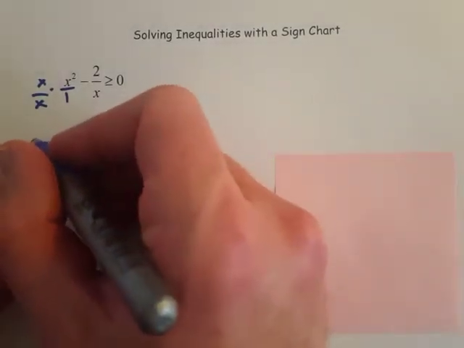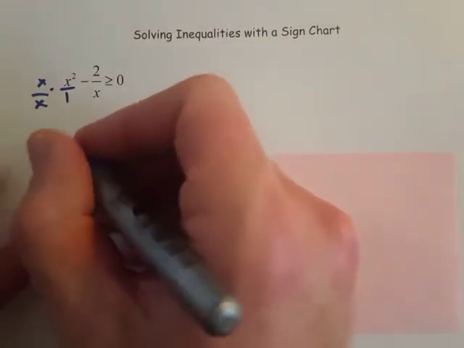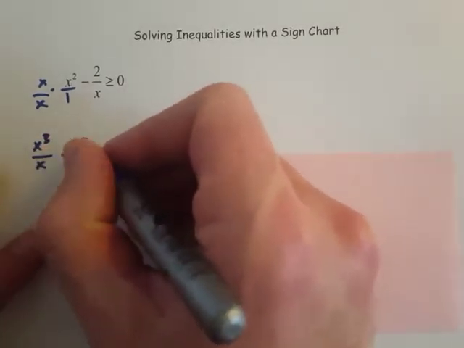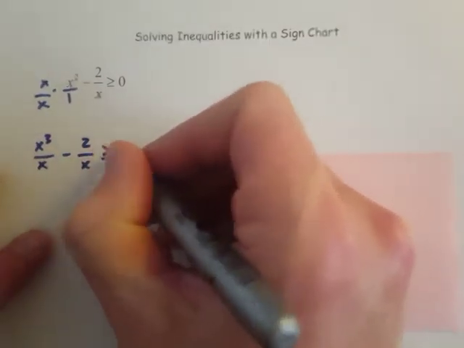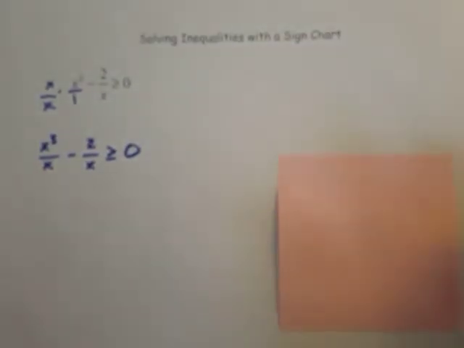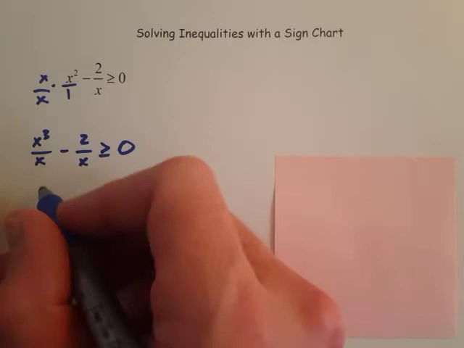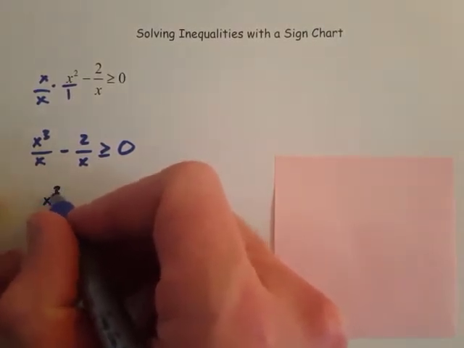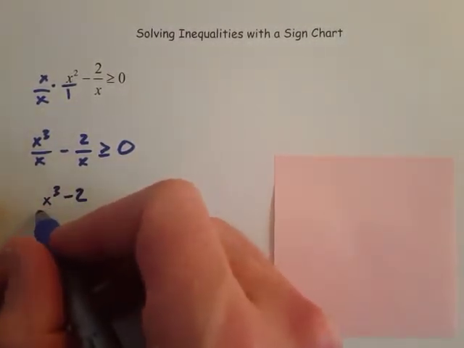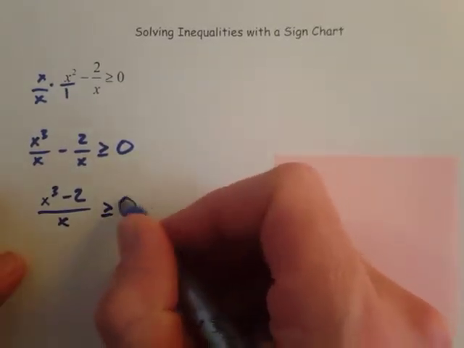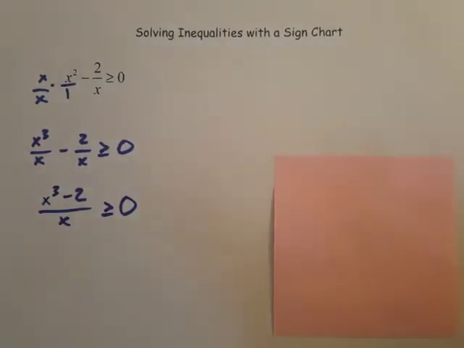So that means now we're going to have x cubed over x minus 2 over x greater than or equal to 0. And then we can combine that into one full expression by just taking the numerator, combining that, and then the denominator stays as x greater than or equal to 0.